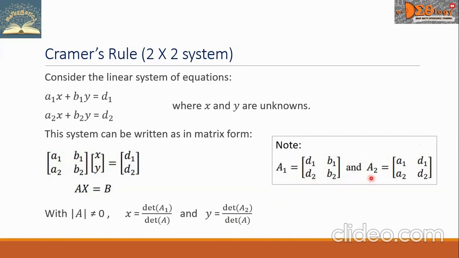And the matrix A sub 2 is equal to a sub 1, d sub 1, a sub 2, d sub 2 respectively. This is our working formula.